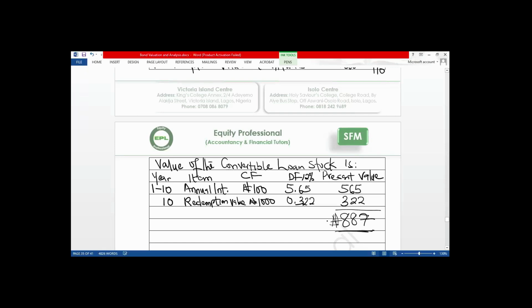We are done with requirements A. We are done with requirements A. Any question, please?